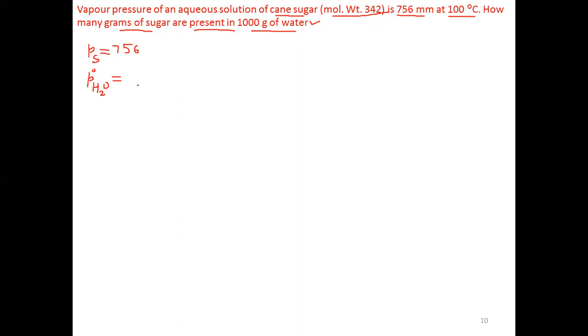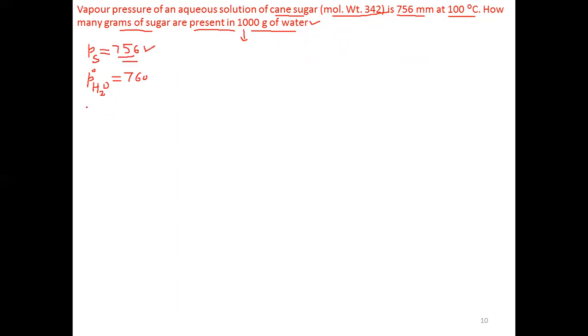So its vapor pressure is 760. Now he says, how many grams of sugar are present in 1000 gram of water so that we get the vapor pressure of solution equal to 756.